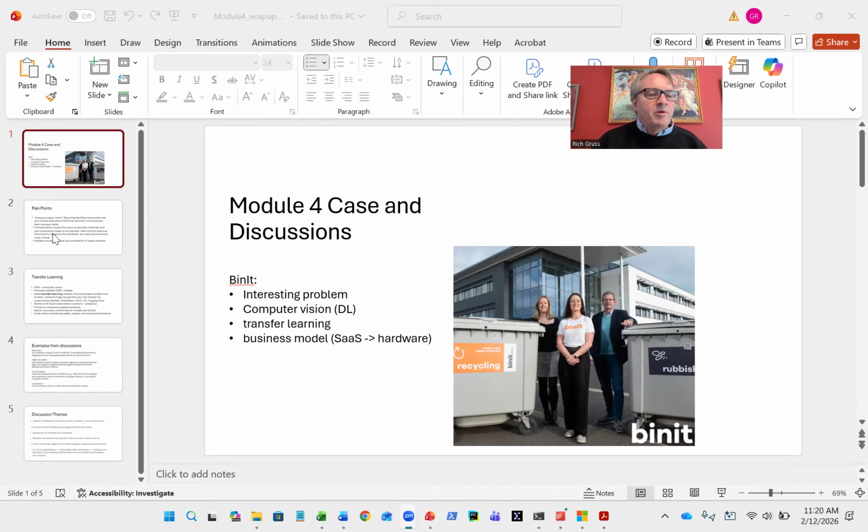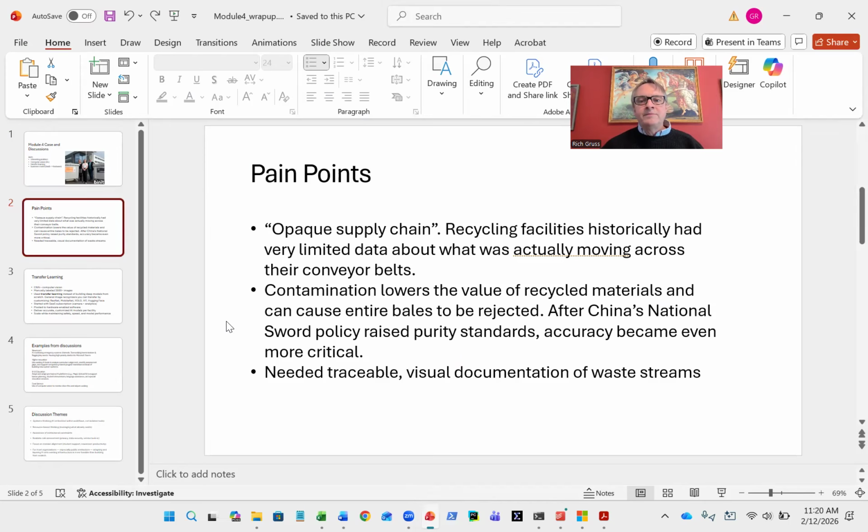All right, so the key point here is that recycling became no longer cost feasible for a lot of municipalities. The reason is that there was no longer a market overseas for a lot of the kinds of recycling that was being done. Historically, they had been able to sell the recycling to China. But China developed the so-called National Sword policy, where they raised the standards of what they were purchasing from overseas because they wanted to support their own recycling industry.